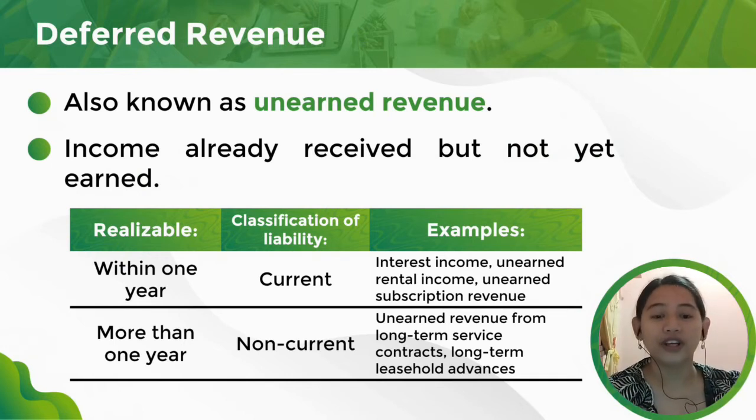So, this deferred revenue is realizable within 1 year and more than 1 year. Kapag within 1 year, it is classified as current liability. If it is more than 1 year, it is classified as non-current liability. And nasa screen nyo yung other examples of current liabilities of deferred revenue and non-current deferred revenue.